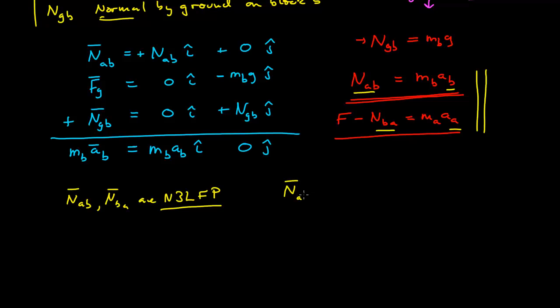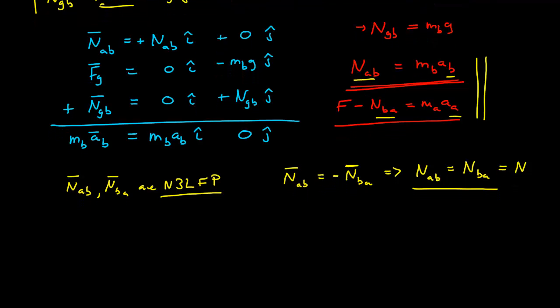The normal force of A on B is equal to negative the normal force of B on A, equal in magnitude and opposite in direction, which means their magnitudes are equal. The magnitude AB is equal to the magnitude BA. So that gives me a third equation, and I'll just let that equal n, a third equation that these two magnitudes are equal.